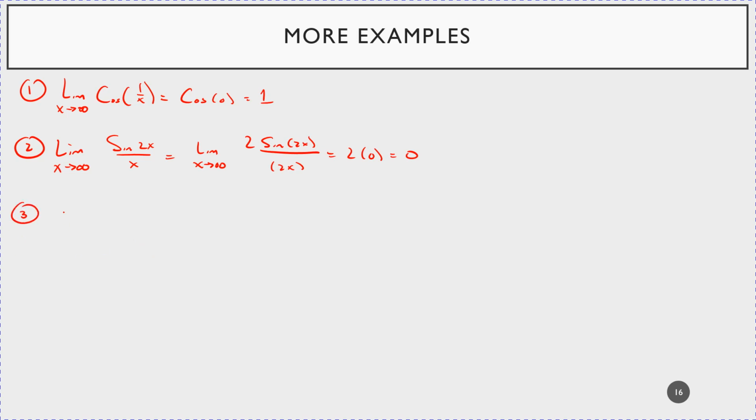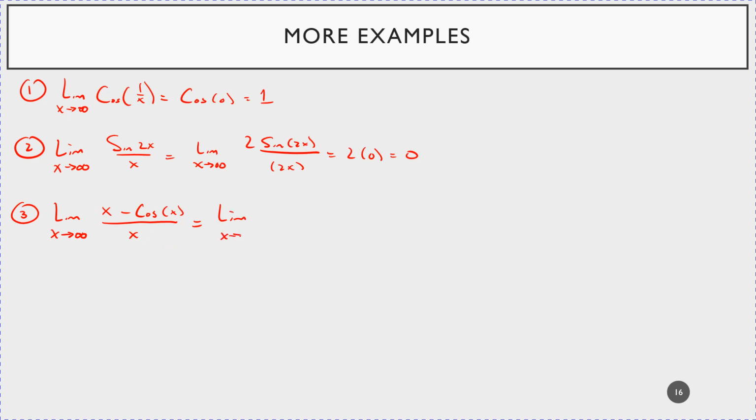Let's try this one. Limit as x goes to infinity of x minus cosine of x, all over x. So this is really weird. What I'm going to do is break it up into two parts.